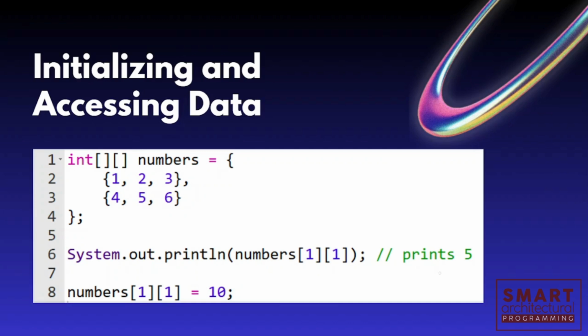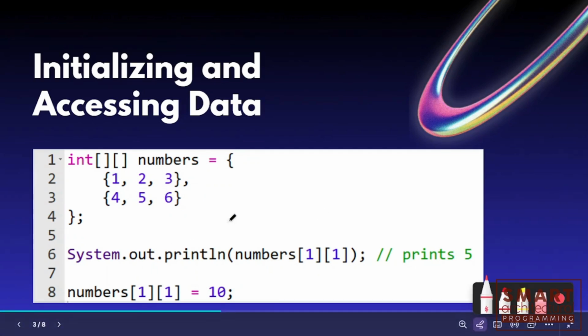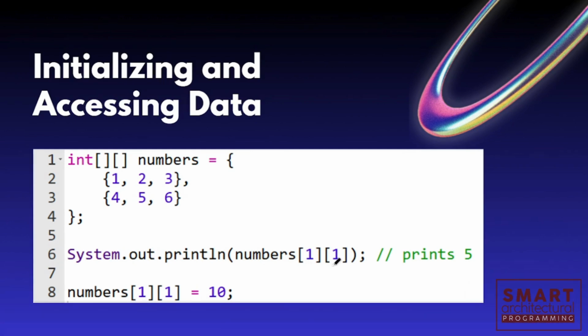So when you're trying to initialize and access data in a multidimensional array, you're going to use 2 square brackets because you need to tell Java exactly which row and which column you want to access the data from, right? Here we have a 2x3 array, 2 rows, 3 columns. To access the value 5, we use the indices 1, 1, which prints 5, the number in the multidimensional array.